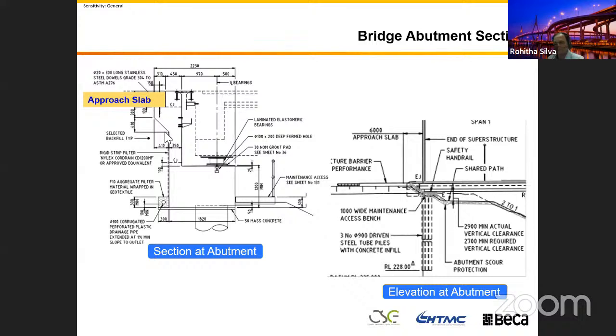To get this level difference, you need a wall to retain the soil behind, otherwise soil will seep through. You need a concrete element. That's what we call the abutment curtain wall. I beg your pardon, I said wing wall, it's not right, it's the curtain wall. We need to put this one in here. This is how this structure looks.